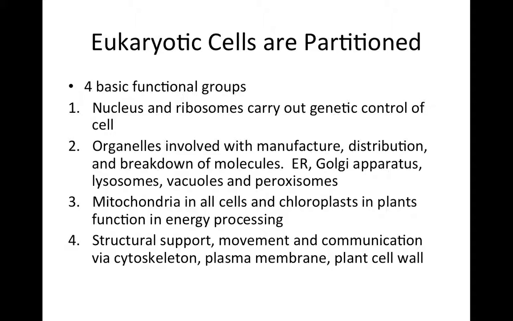So the four basic functional groups within these partitioned cells, within the organelle system: the nucleus and the ribosomes carry out the genetic control of the cell. Remember, the nucleus is where our DNA, our instructions on all the proteins that we make in our lifetime, is basically held.